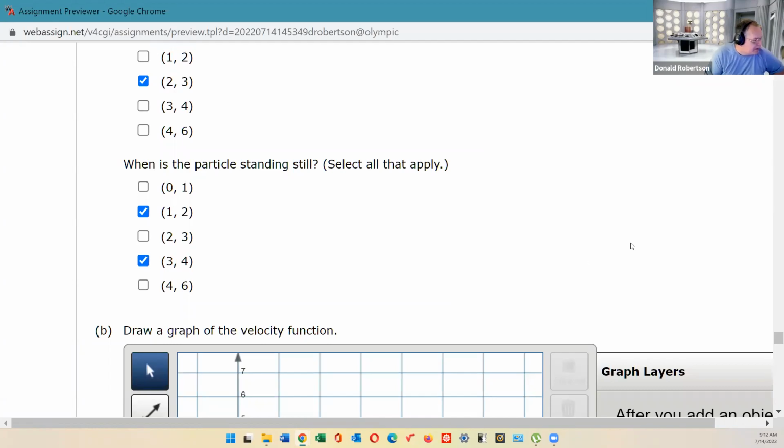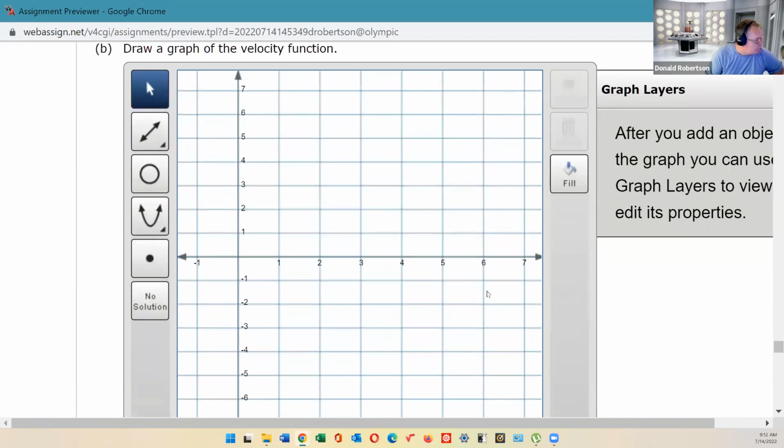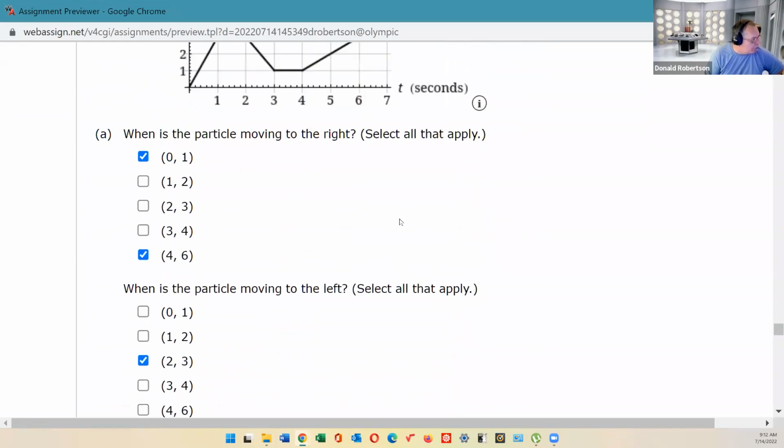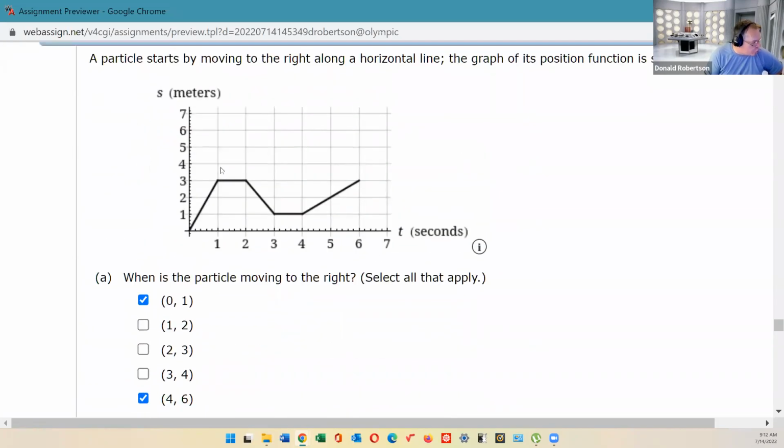Now, the next bit is going to be a bit awkward. We're going to actually sketch the velocity function, which is the velocity of this moving object at any given time, right? Instantaneous velocity. What it ends up being is the slope of the curve, or in this case, line, at that given point. So here goes.